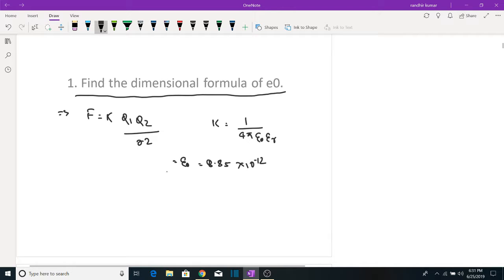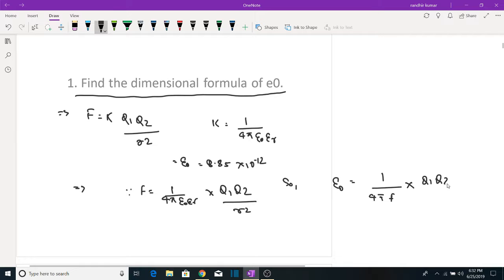Now its unit. Since force equals 1 upon 4 pi epsilon naught epsilon r into q1 q2 upon r square, epsilon naught is equal to 1 upon 4 pi, into q1 q2 upon force into r square.